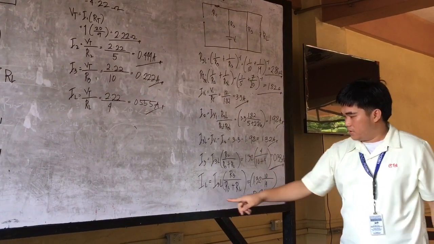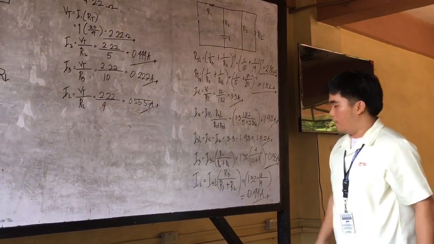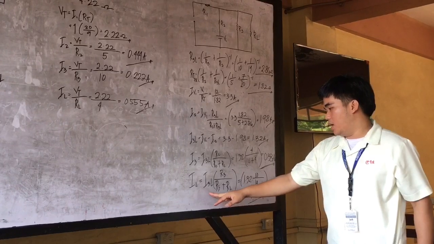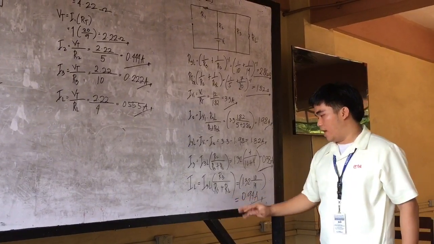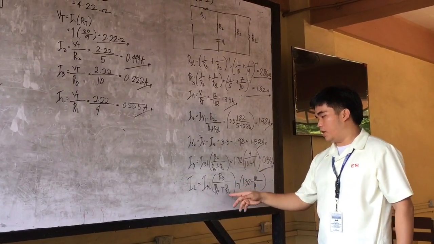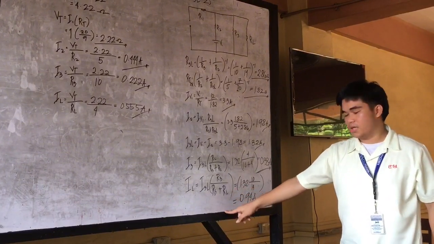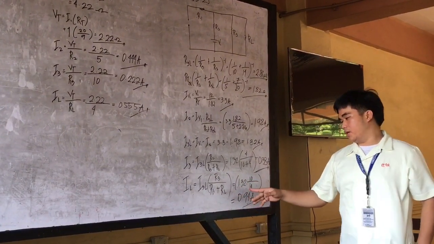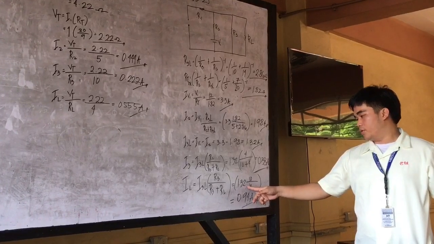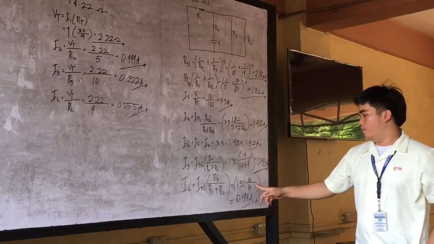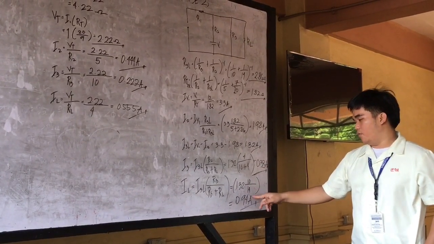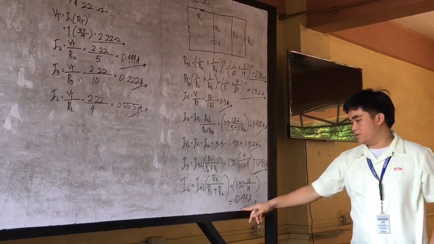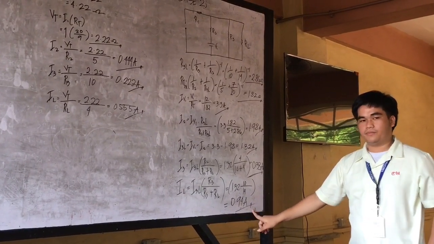Then last is the load current. Our formula is the I3 load times R3 over R3 plus RL, the load resistance. Then substituting the given, we have 1.32 times 10 over 14, then our answer is 0.24 amperes.